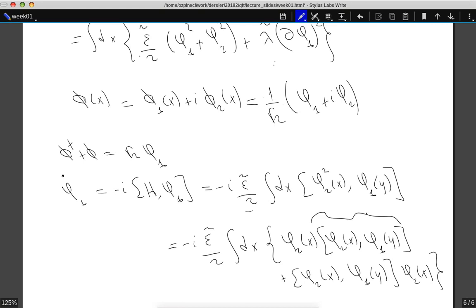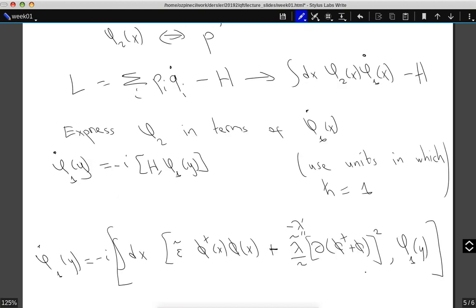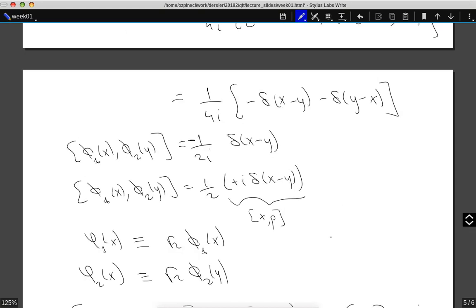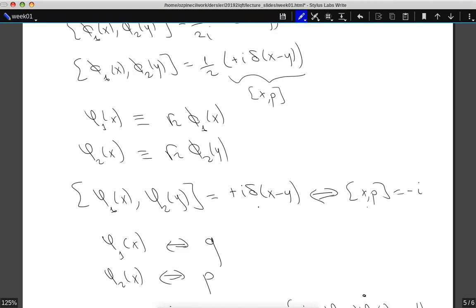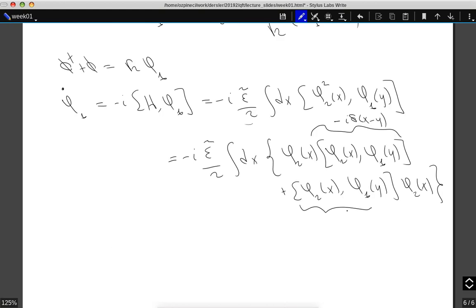Well, this is, you remember, minus I Dirac delta x minus y. This is phi 2 and phi 1. Remember, we calculated it. Phi 1 and phi 2 gives plus I Dirac delta. So here I have phi 2, phi 1 commutator. This is minus I times Dirac delta.